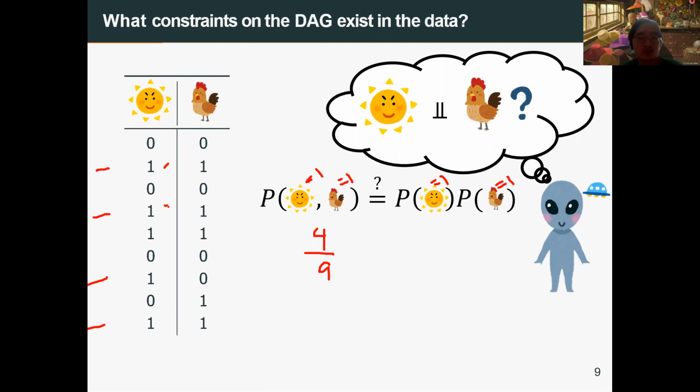There are 5 entries where the sun is equal to 1, and 5 entries where the rooster is equal to 1. So through quick math, you can see that they're not equal to one another. So they're not going to be independent of one another.